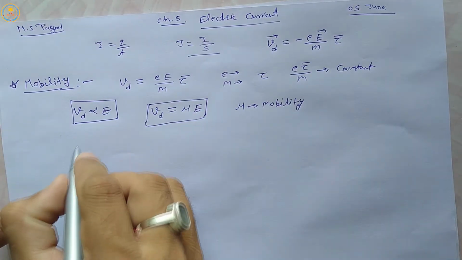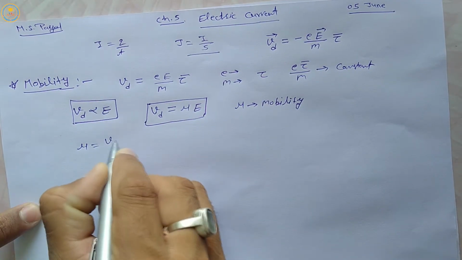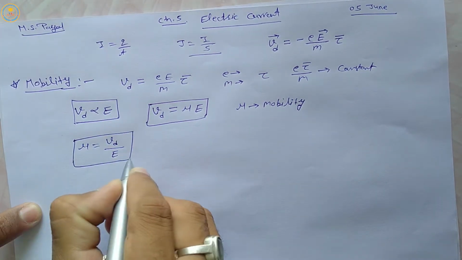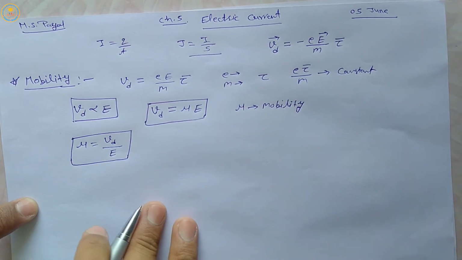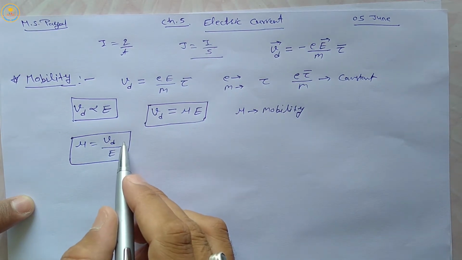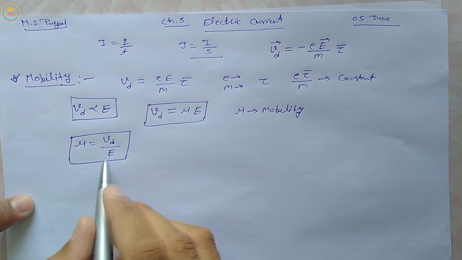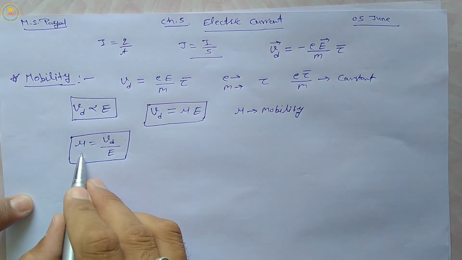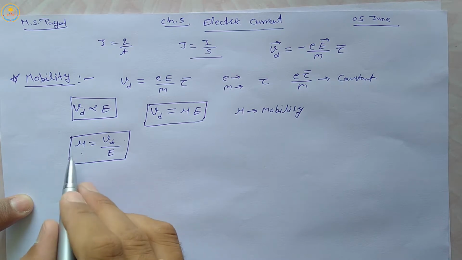From this equation, mu is equal to Vd upon E. So we define mobility in the form of this equation. The ratio of drift velocity of free electrons and applied electric field is equal to the mobility of electrons, or mobility of a charge.